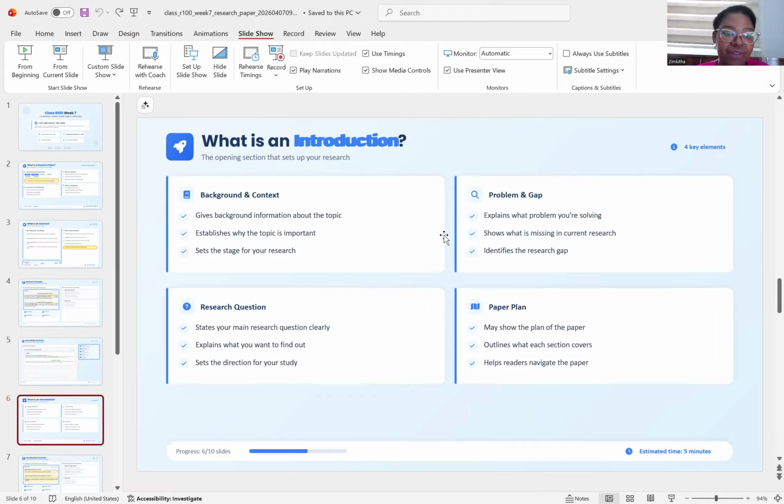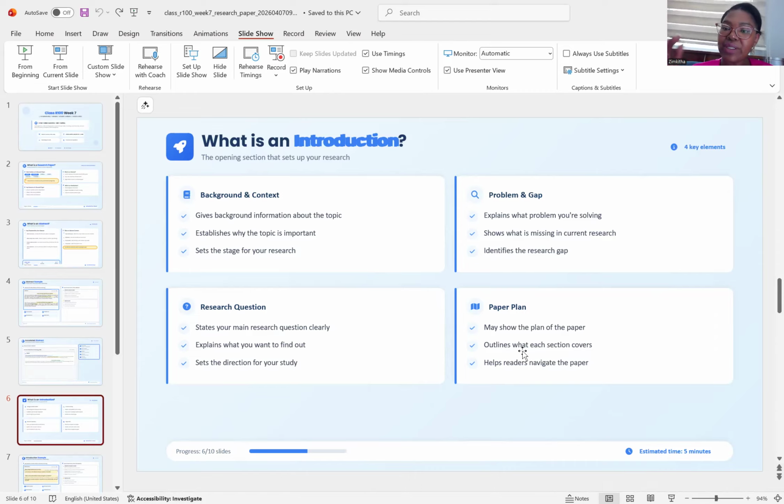In the introduction, you also state the research questions, explain what you want to find out, and set the direction for the study. It tells us, was it done over a year, or was it just a study you did over 3 months? It may also show the paper plan.